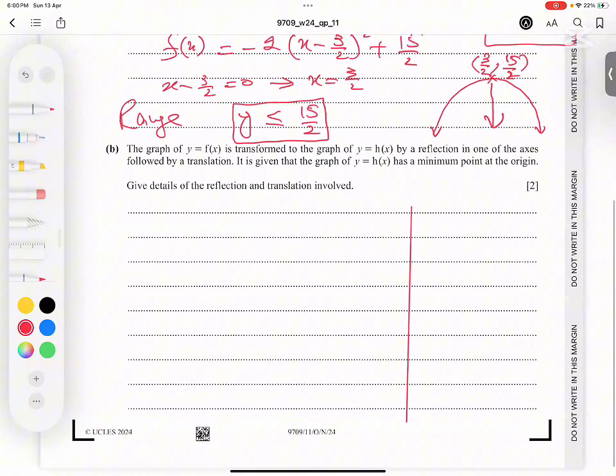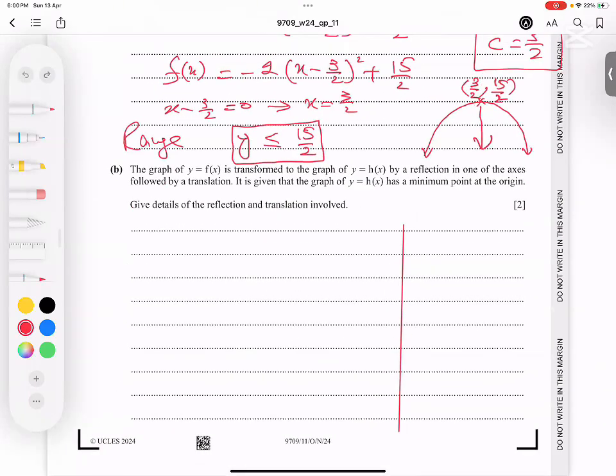So what is the point? 3 by 2 is 1.5, basically 1.5 and 7.5. So where is 1.5 and 7.5? 1 minute, students. Okay, so 1.5 is, let's say, here, and 7 point somewhere here. So this point is 1.5 and 7.5.